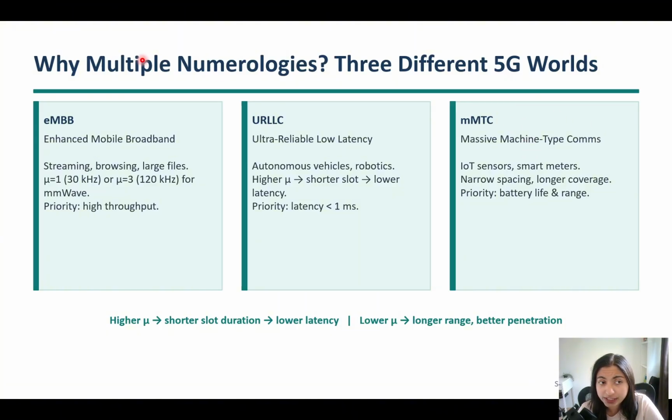Since 5G has to support different use cases, it needed to use different numerologies, different subcarrier spacing in each of the frequency bands, and thus these are engineering choices that are optimized for different use cases.